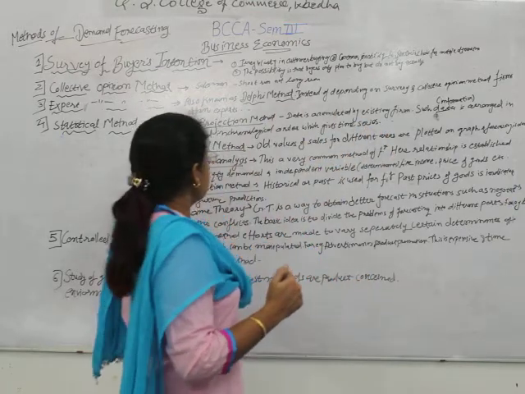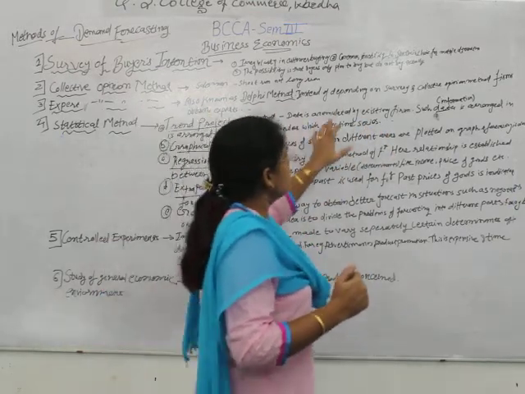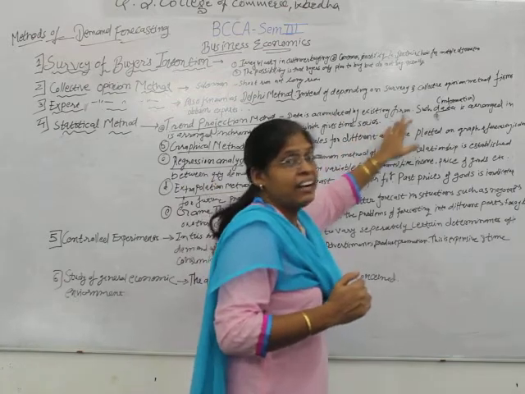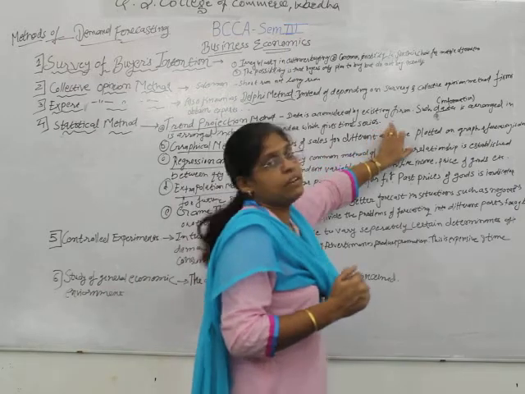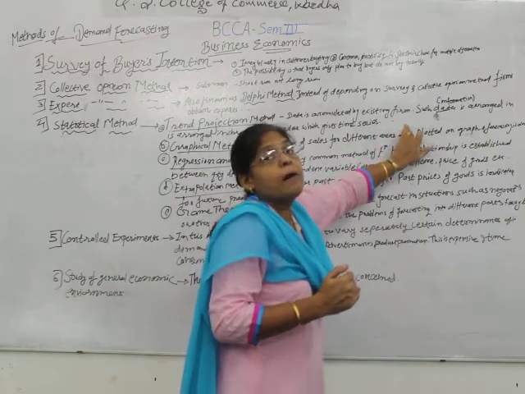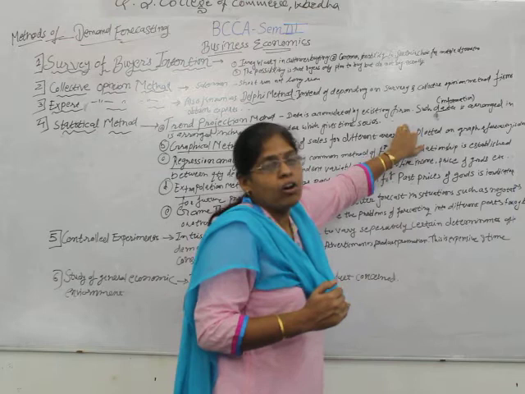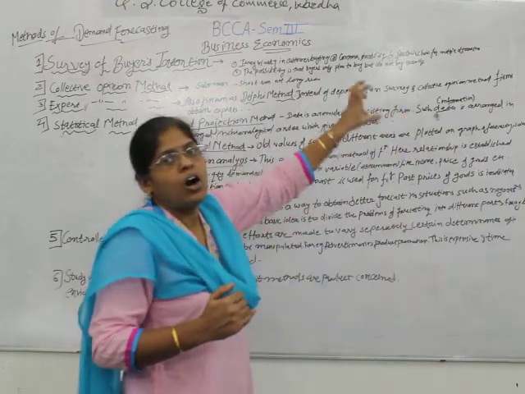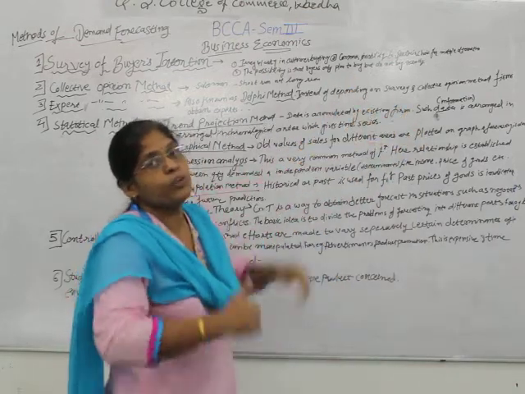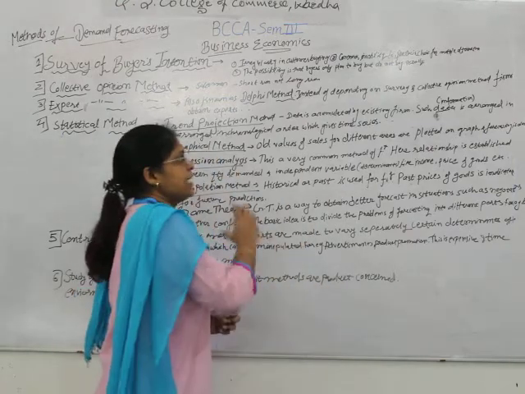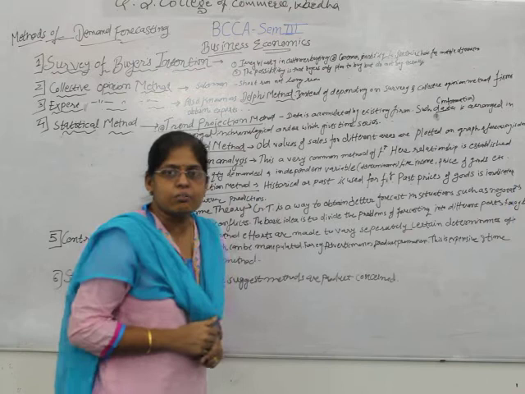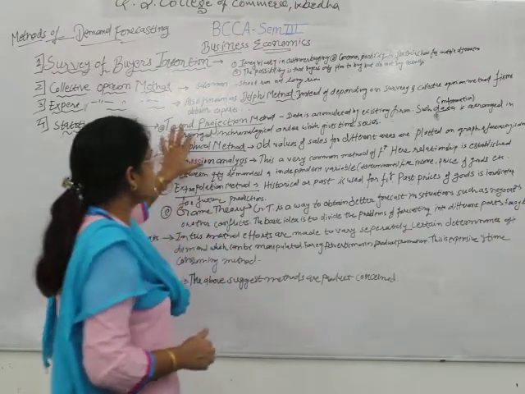That is why it is called the trend projection method, and this time series is followed by the firm owner, and accordingly the production activity, producing specific goods, takes place based on this time series. Clear? That is what trend projection is.